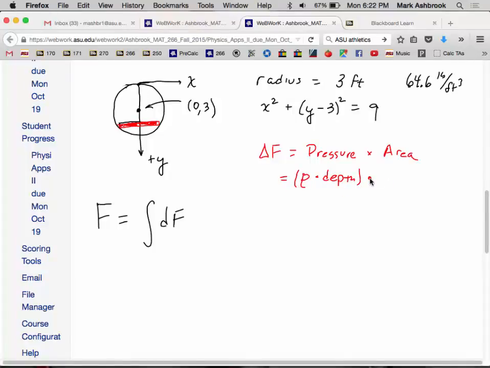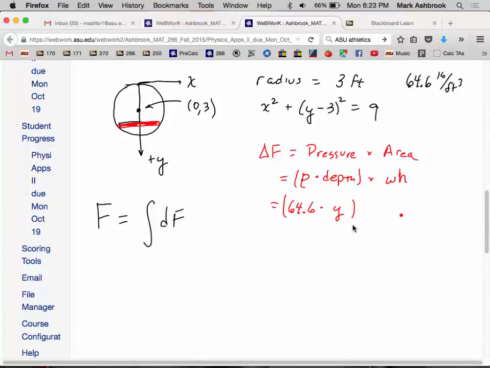And then the area is going to be length times width, or width times height in this case. So it's going to be the 64.6. What's our depth? What is the depth of this below the top surface of the milk? Y. And that was courtesy of putting our origin there, right? So the depth is the same as the y coordinate, okay?